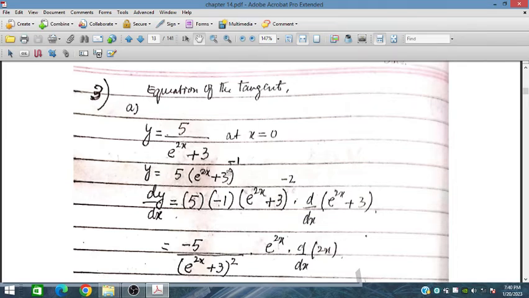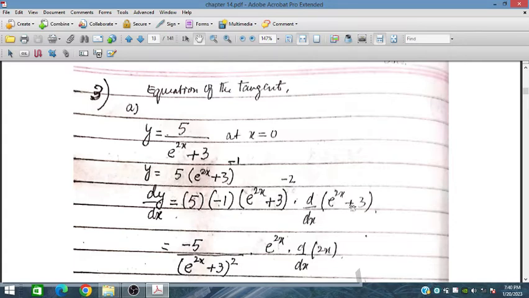In this way we take the differential of this term. The constant stays here, and for this one we take the differential. So this minus will be here, and then minus 1, so minus 2. For this we have this value, and after that we will differentiate the inner term.